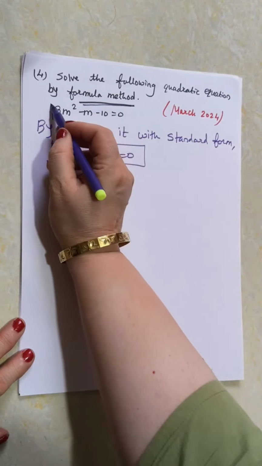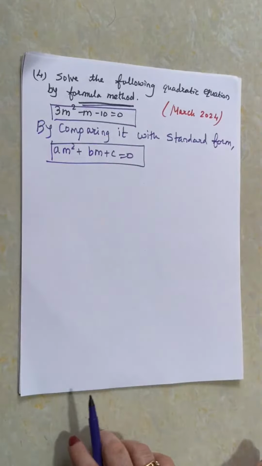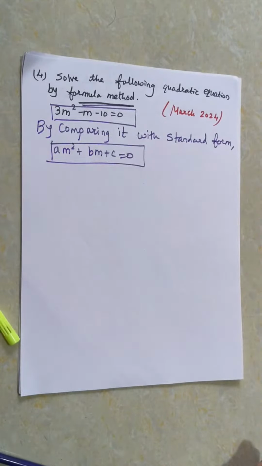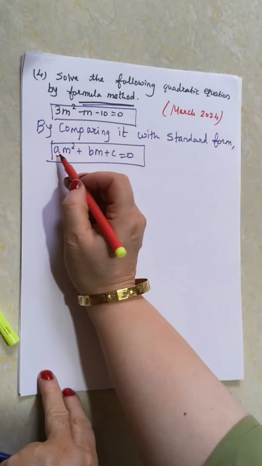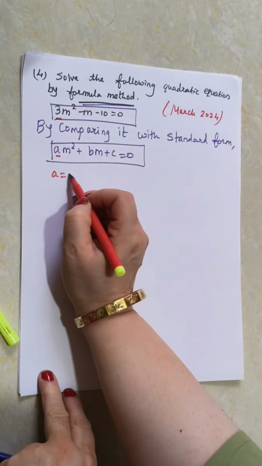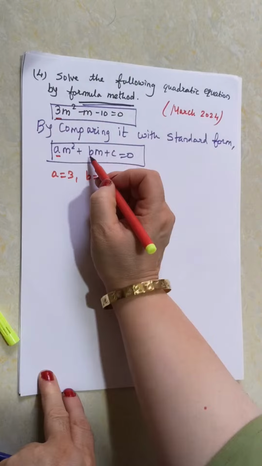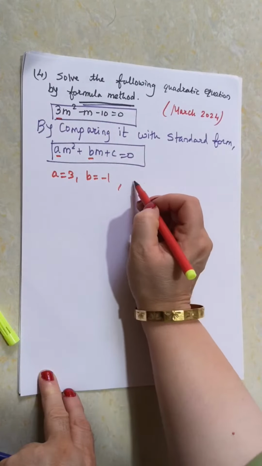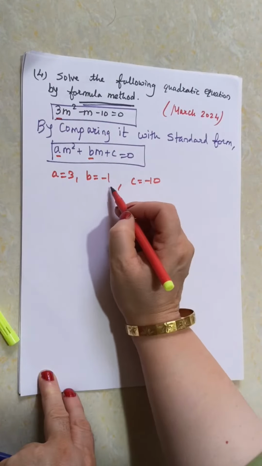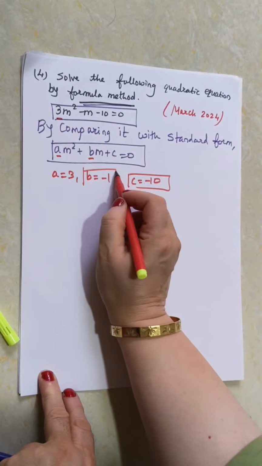This is the standard form. This is the quadratic equation. So let us write A, B, C. So what is A? A is 3, B is negative 1 and C is negative 10. So here I got A, B, C.